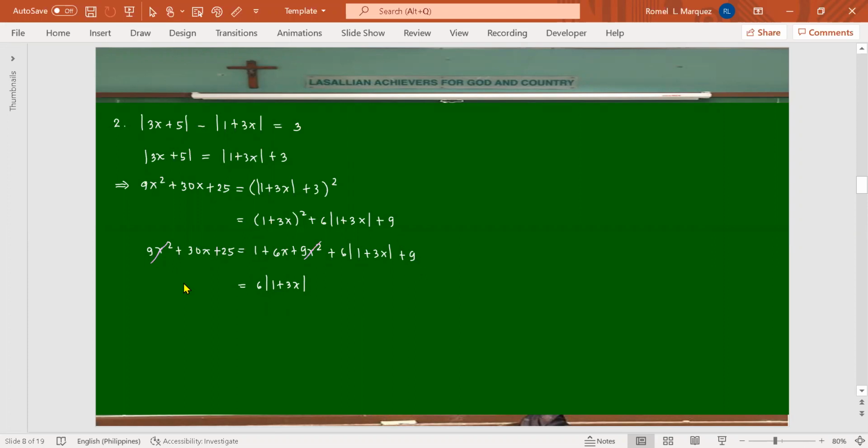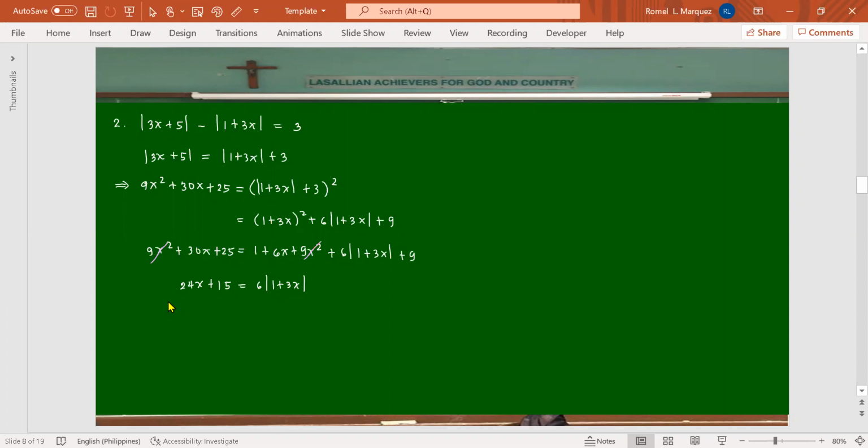When transposed, negative 10. 25 minus 10 is 15. 30x minus 6x is 24x. So plus 15, and 25 minus 10 is 15.